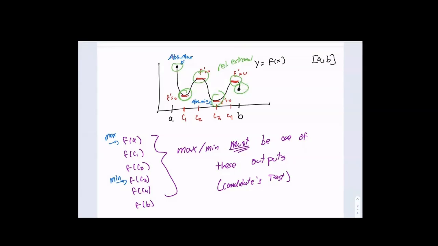And that is this one right here. So this graph has three relative maximums and three relative minimums on the closed interval. Of those relative maximums, one of them is the biggest. Of the relative minimums, one of them is the smallest.